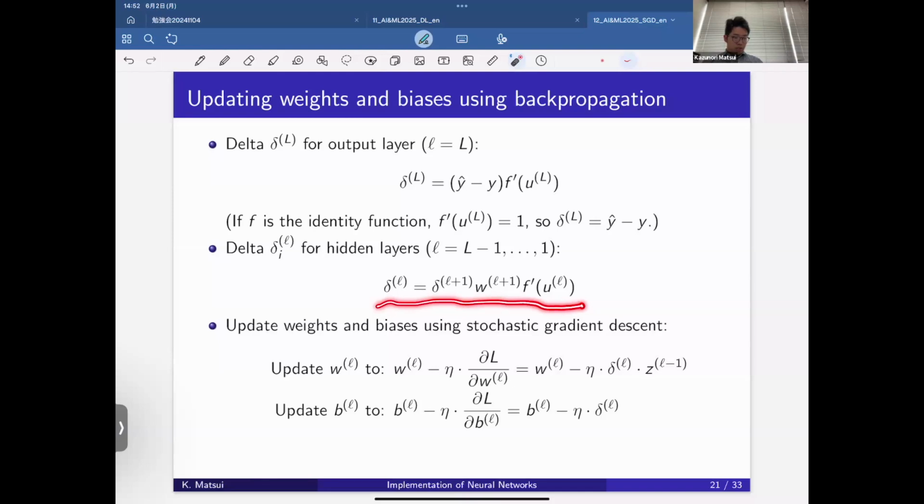This is delta, and since delta is determined in reverse order from the output layer, we use delta to update the value of each weight and bias.